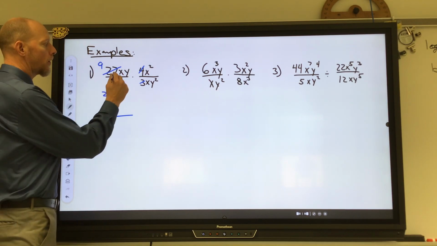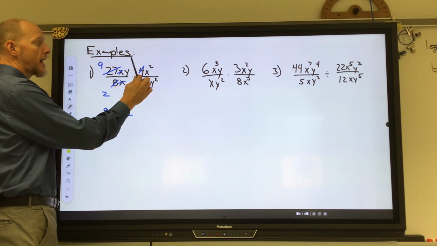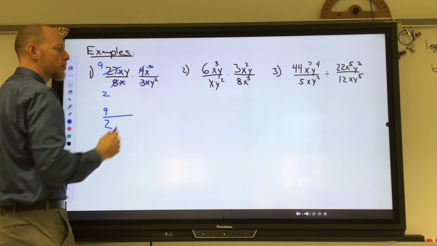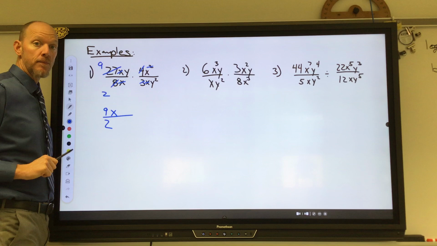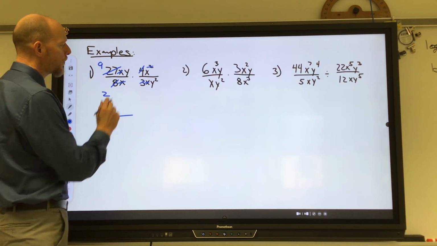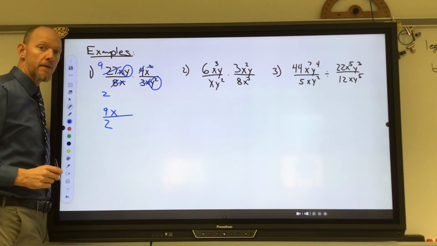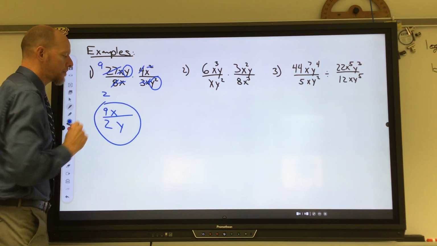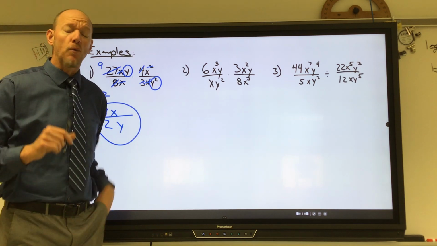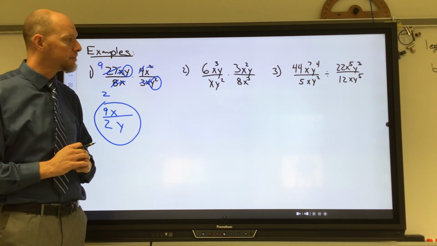I can further look, x's reduce, and in the second fraction, I have an x squared, which reduces with an x. So that leaves me with an x in the numerator. Now, from there, the y's, I have a y left over and a y squared, which means I'll have a y left over in the denominator. So there's many different ways you could have gone through simplifying, but that's how I chunked that one.